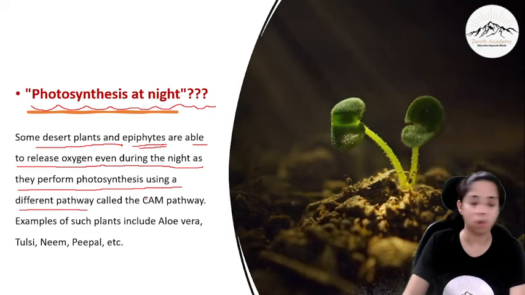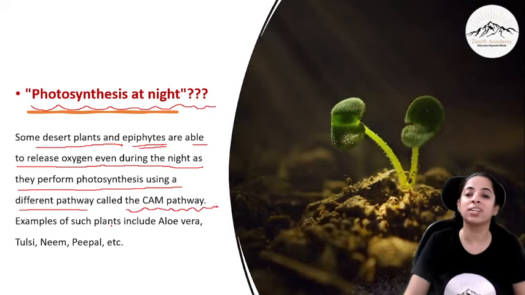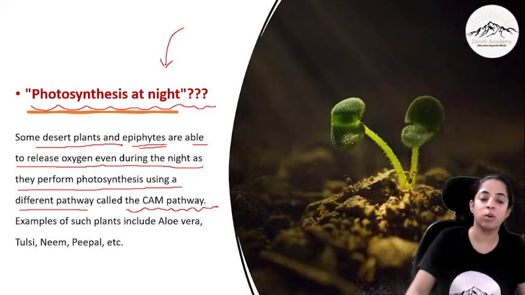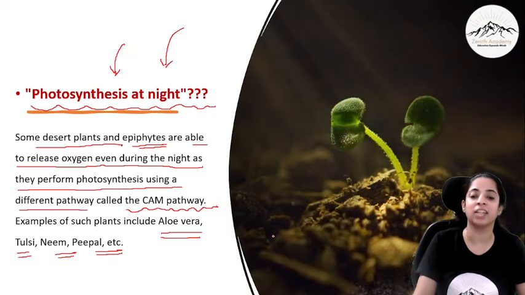This pathway is not there for your portion, but just remember the name, that there is a different pathway called CAM pathway. Okay, and what are the examples of such plants which do photosynthesis at night? You have to remember that aloe vera, tulsi, neem and peepal, they all perform photosynthesis at night.